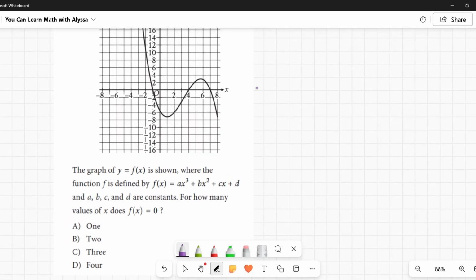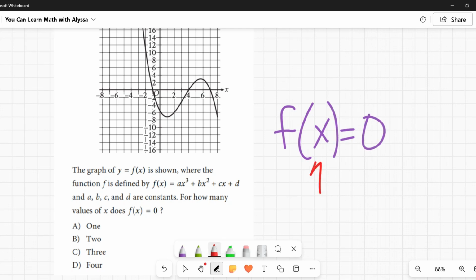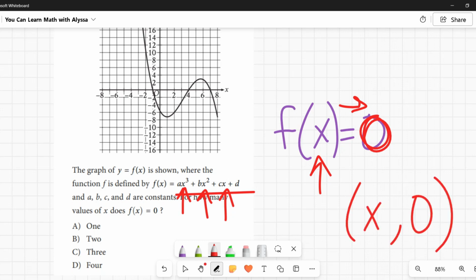And what does it mean when we say f of x equals 0? It means I plugged a number into my equation. I did all of this math. I plugged x in everywhere there was an x. I did all the math, and my output, my result, was 0. So that would be my y value. x would be x, y is 0.